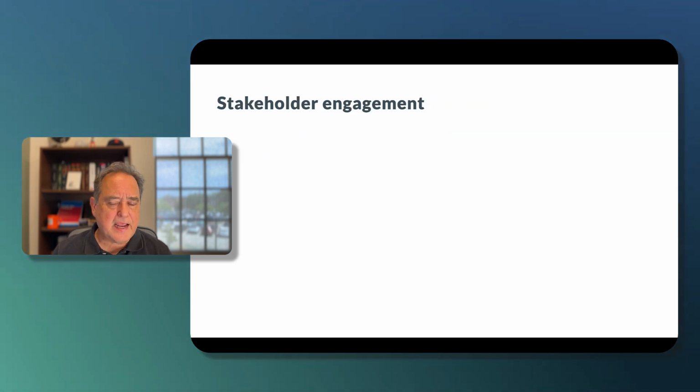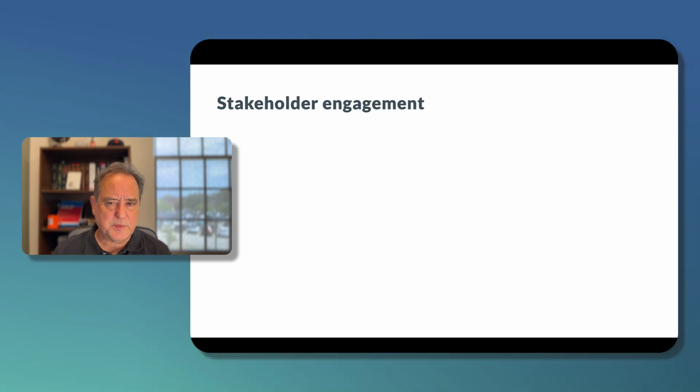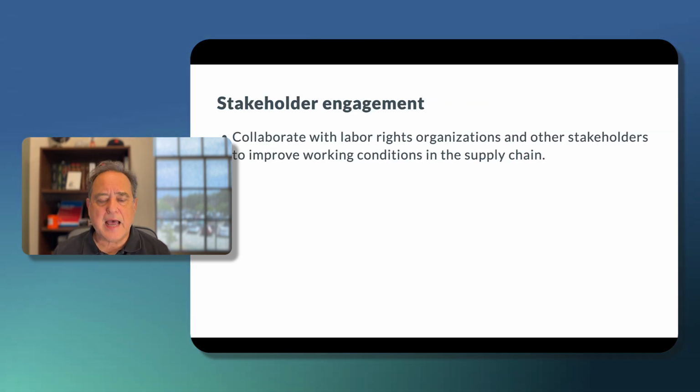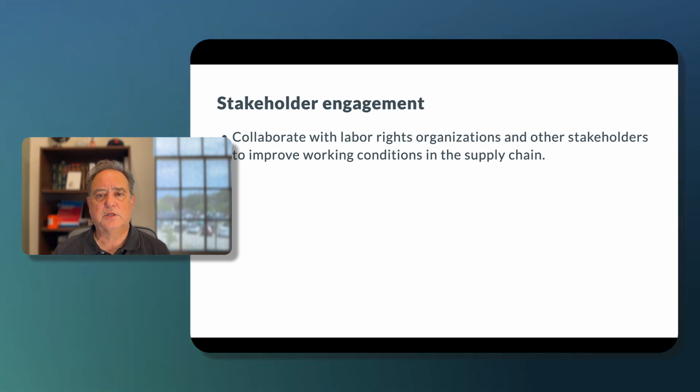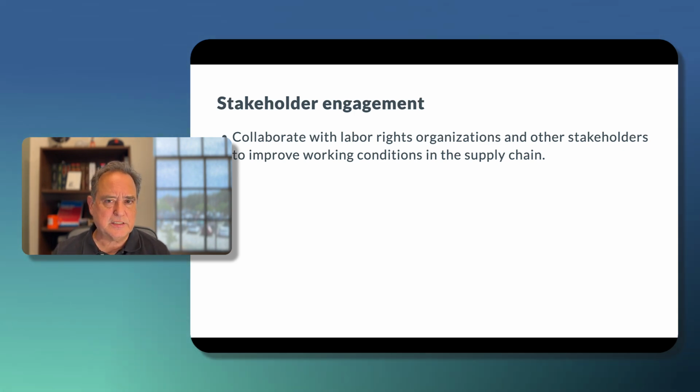And finally, stakeholder engagement. Once again, we will collaborate with labor rights organizations and other stakeholders to improve working conditions in the supply chain. There are international standards that we can implement to ensure ethical working conditions wherever a good is produced.